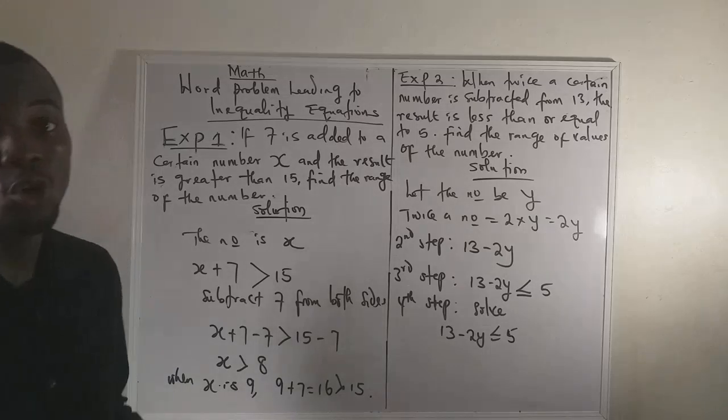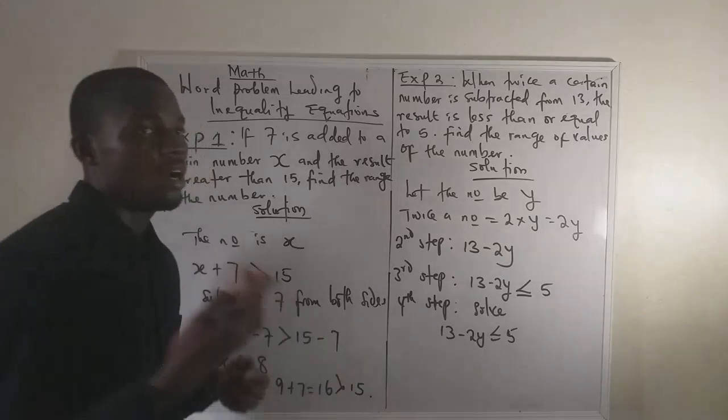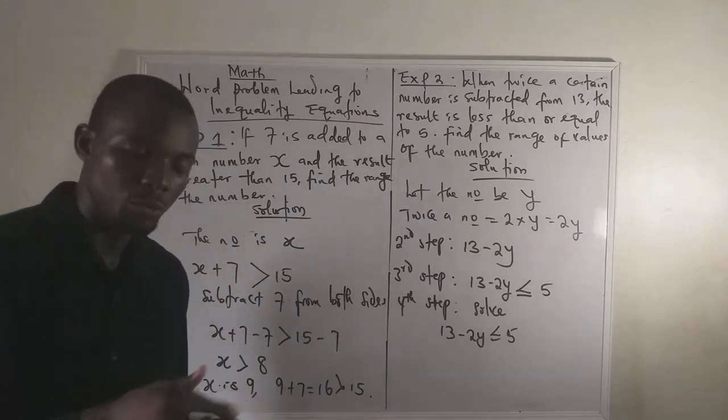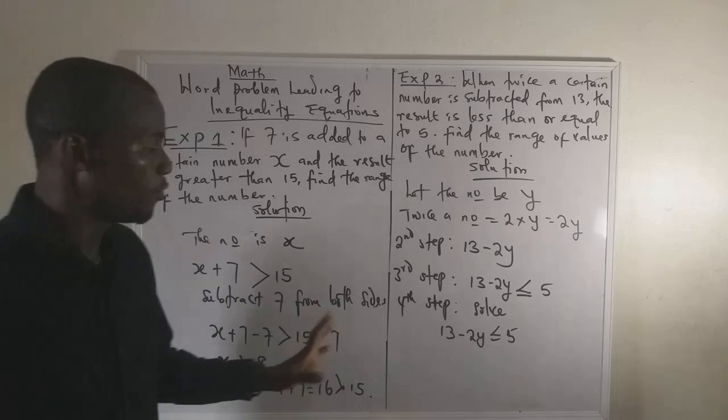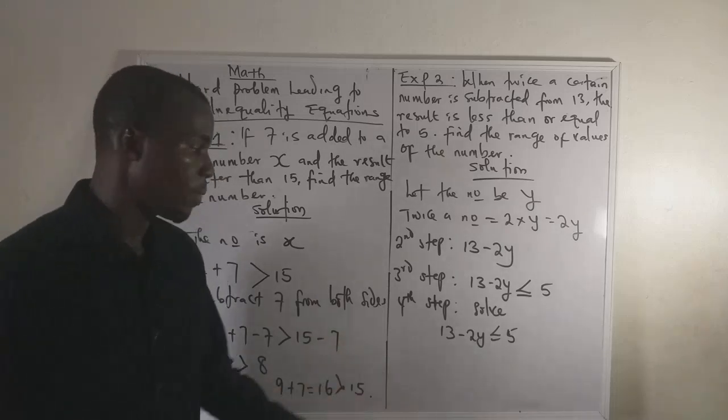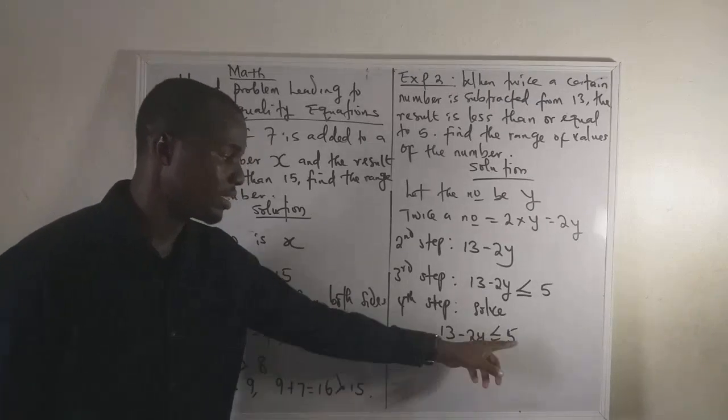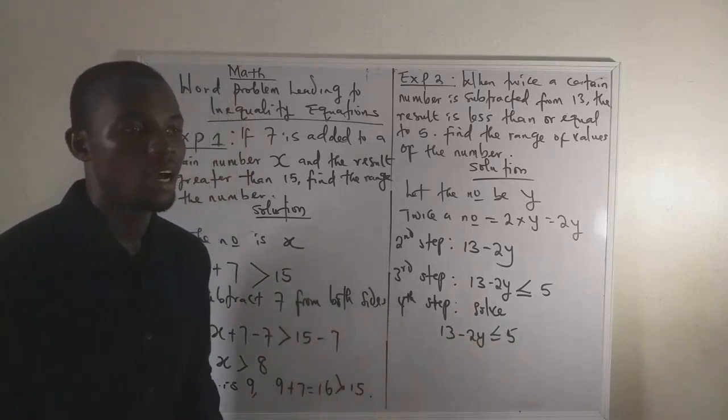Here we are going to collect like terms. For the work to be less cumbersome, endeavor to take this one to the other side so as to make it a positive item.